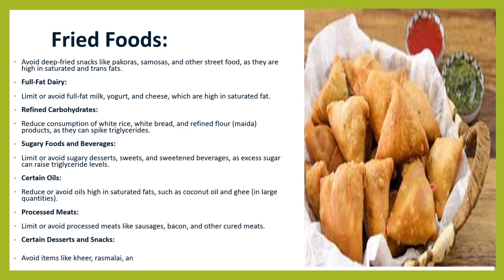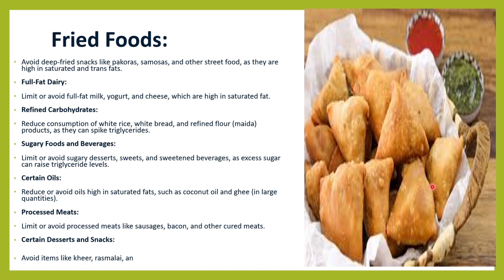You are having refined carbohydrates, like white bread, maida, refined flours, they can spike your triglyceride. Sugary desserts, sweets, sweetened beverages, excessive sugar can also increase your triglyceride. And processed meat, sausages, etc., can cause a rise in triglyceride.